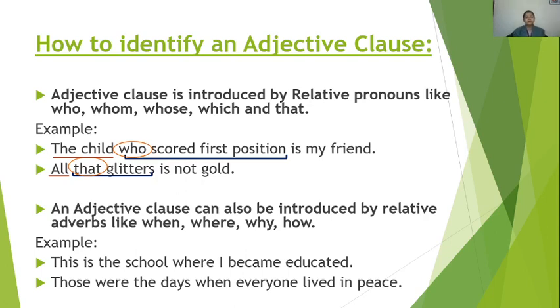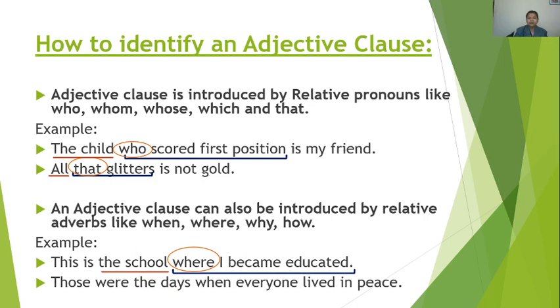Now look at the example. This is the school where I became educated. Okay, this is the school where I became educated. So what is your adjective clause in this? Where I became educated. And this adjective clause is introduced by which word? Where. And it is modifying which noun? The school.